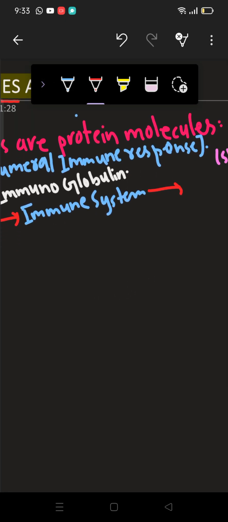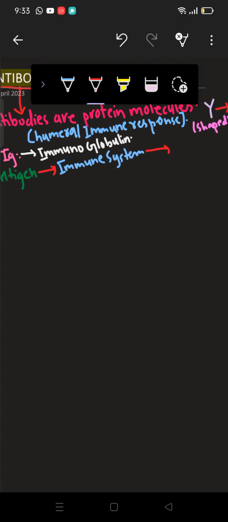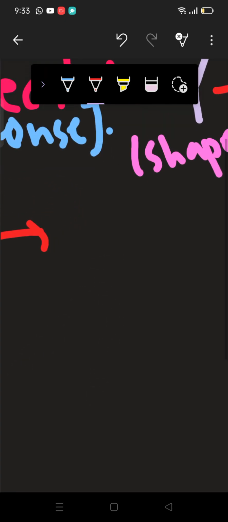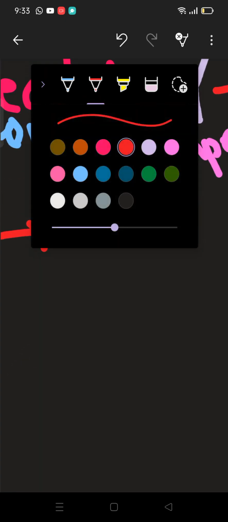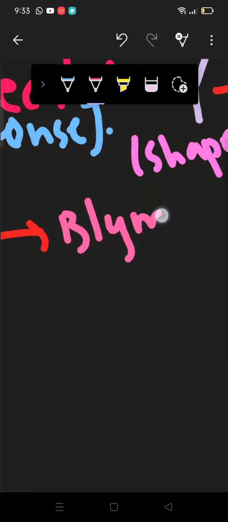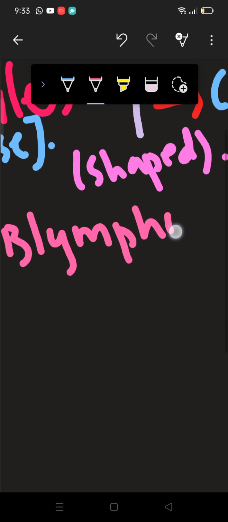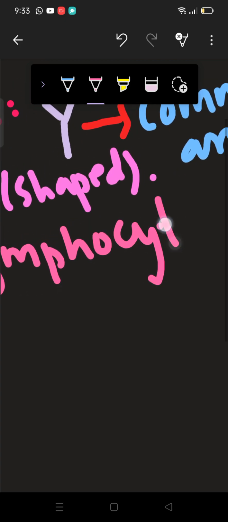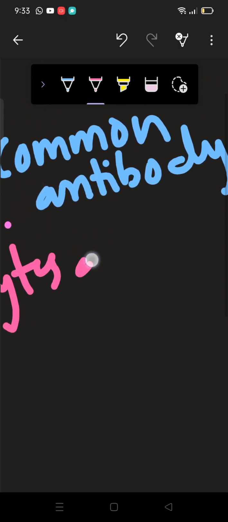Then the T lymphocytes are activated first, then B lymphocytes are activated as well. So I am directly writing here: B lymphocytes get activated.